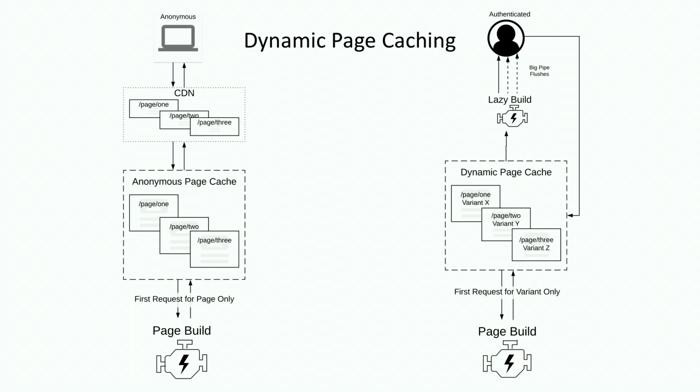So let's say the home page has some user-specific content like "Hello Kelly" on it, but otherwise is the same for most people. The parts that are the same for most people can get cached, and then the "Hello Kelly" part can get replaced right before sending the response down to the browser. So you're really only spending time at that lazy build moment on the stuff that's particular to the user.